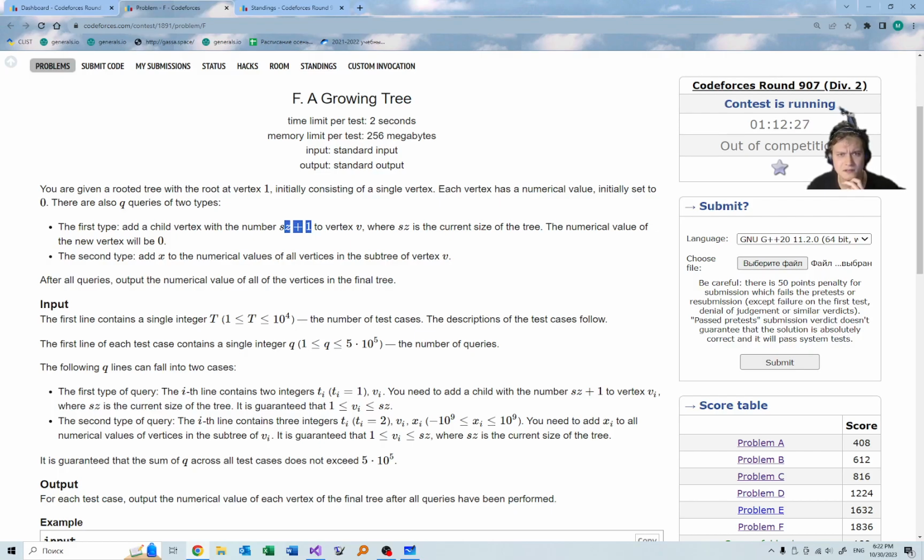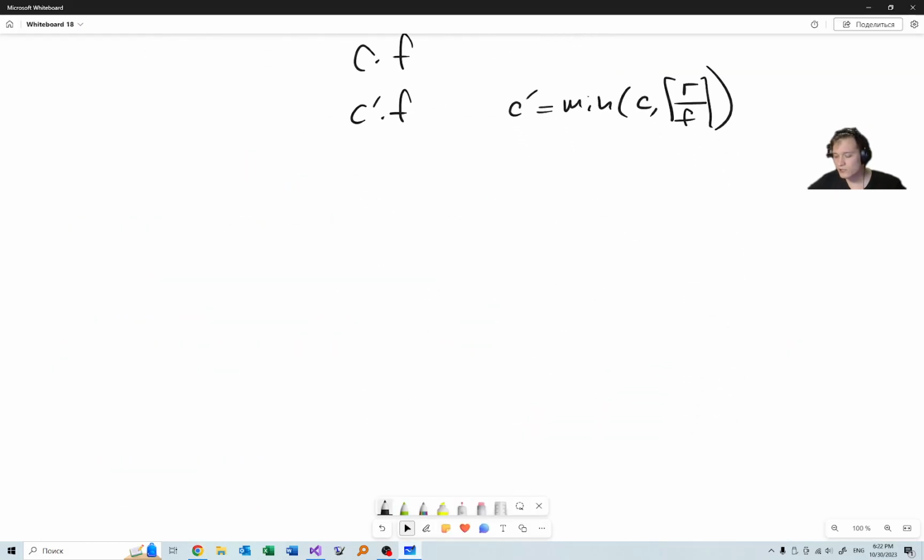Okay, this is a really easy problem because we can, in each vertex, we can just store what we promised to add to its... No, it's not that easy. So what I would like to do is to say, so assume that we need to add a 1 to some subtree. Let's just add 1 to this vertex, and this will be the promise that later we will need to add 1 to all of its subtree.